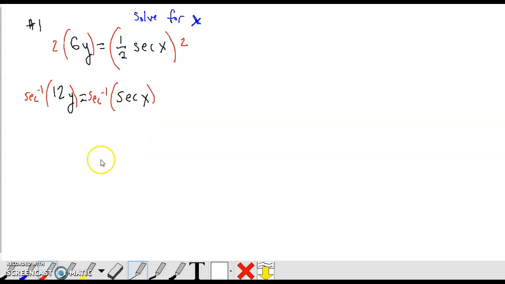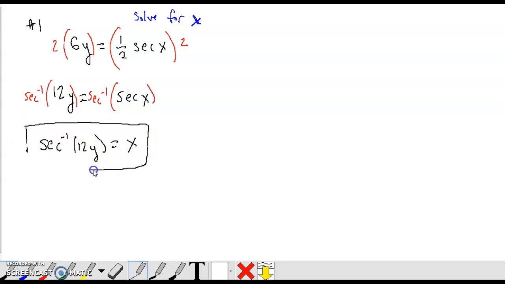They undo each other. So the inverse secant of 12y is equal to x. And that's it, this is our final answer. Notice that when I said it doesn't have a number in it, it's because we don't know what y is, so I can't take this problem any further.